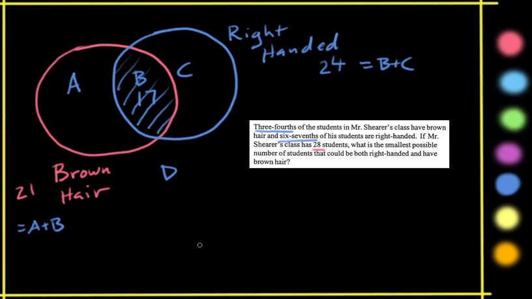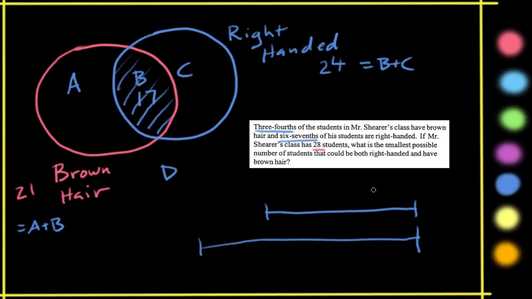Another way to think about it is you could line up the 28 students like this, and you could say all the ones on the right over here are, let's say, right-handed, and we could put all the ones on the left over here as brown hair, right? And this brown hair is 21, and this right-handed is 24, and there's 28 total.